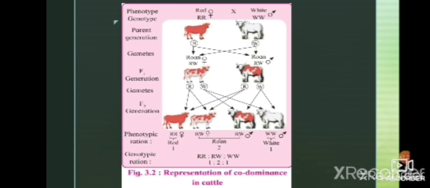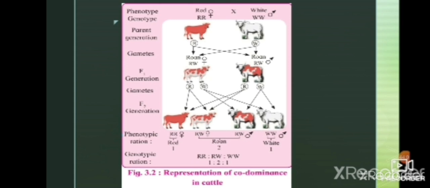The gametes of F1 generation are capital R, capital W, and after crossing, the product of F2 generation is red male, capital R, capital R, then capital R, capital W female, capital R, capital W male. These are two roan color. And third, capital W, capital W is the male with white color.